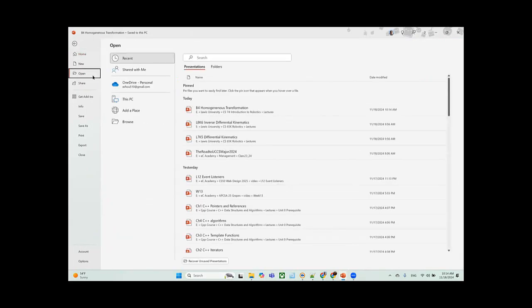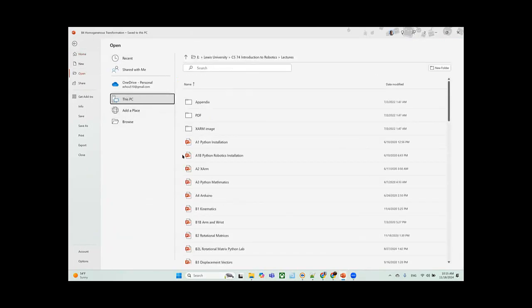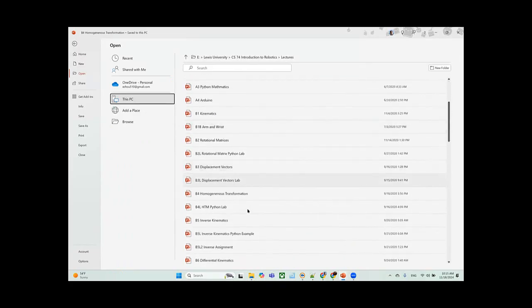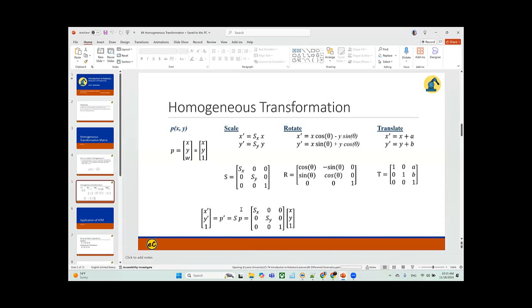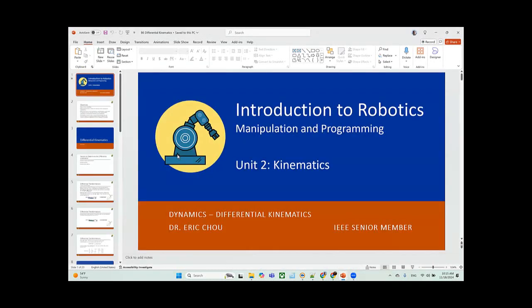So this week, we will move on to the next topic. For the inverse kinematic, we talked about it last time. Next, let's look at the differential kinematic. So far, the transform matrix and the so-called inverse kinematics all cover something static.